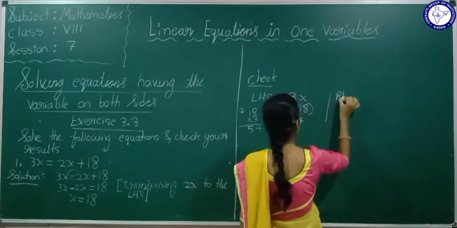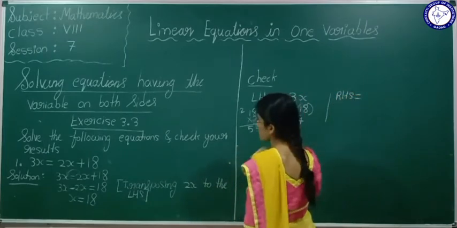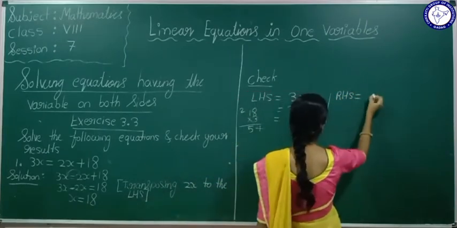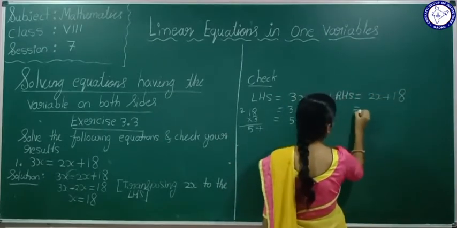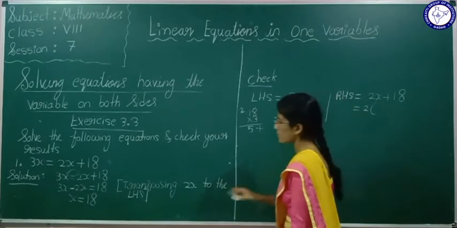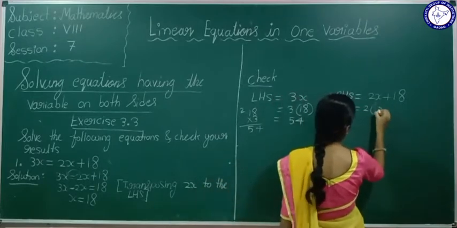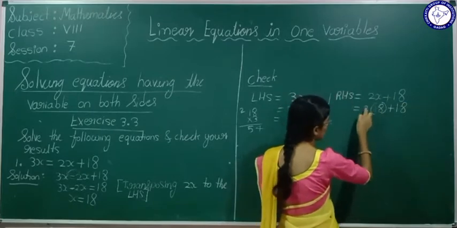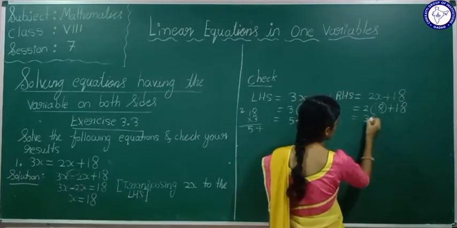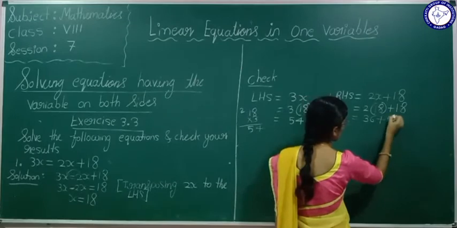Next we substitute in RHS and see the same value. What is that? 2x plus 18. What x value we got? 18. 18 2s is 36, plus 18.